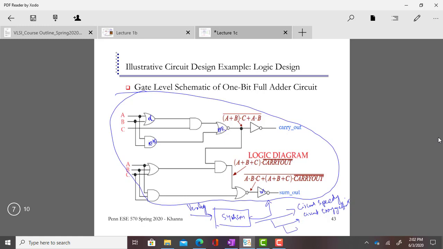I want a circuit that has smaller area. The synthesizer tries to give you a circuit which respects your needs.